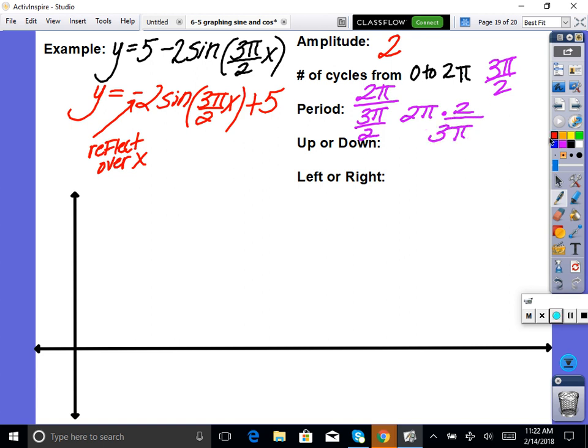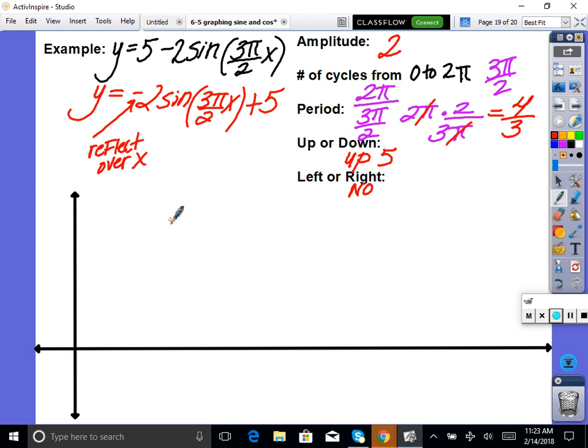So then notice what happens here. Pi's divide out. Our period, the length of one cycle, is 4/3. So 1, 2, 3, 4 tick marks would be 4/3 in units. Like it would be over 4/3. Does that make sense? And then we're shifted up 5. And then luckily, there's no shift left or right, or else we would have to go through and do the parent function.